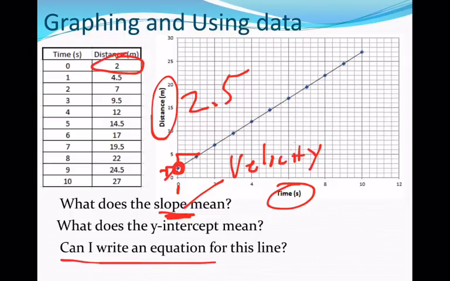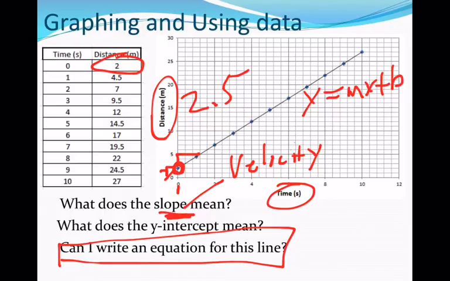And then last but not least, can I write an equation for this line? Sure you can. y = mx + b. And the beautiful thing about physics is you look at this and you say, okay, on the y-axis I have distance, so you could replace that with d equals your slope, a number you know, 2.5. x is time, so I can put a little t there, and then the y-intercept, plus 2.